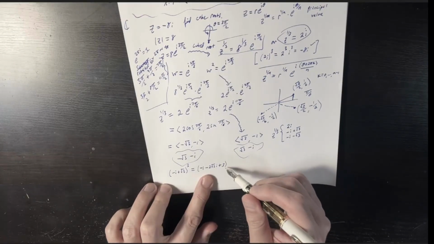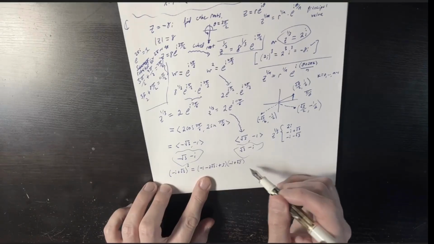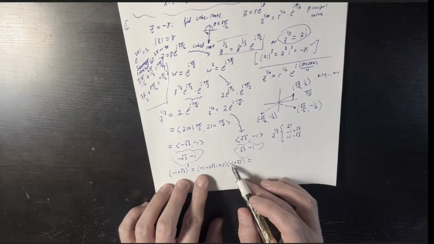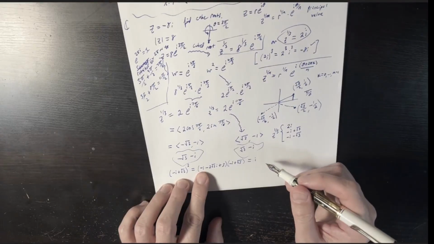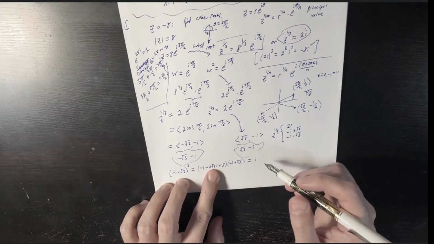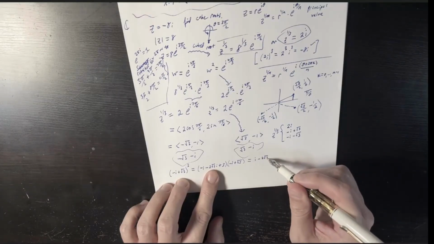And then we still have to do one more factor, negative I plus root 3. So negative I times this stuff will give you I. Negative I times this, the negatives cancel, but now you've got I squared, so it's actually minus 2 root 3.